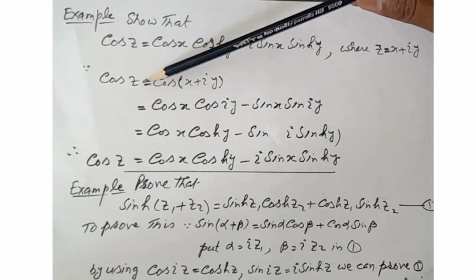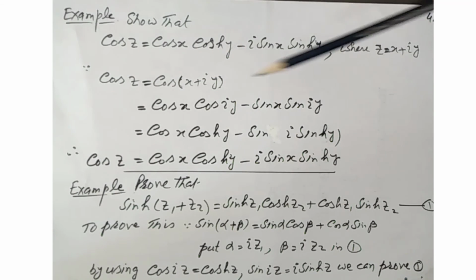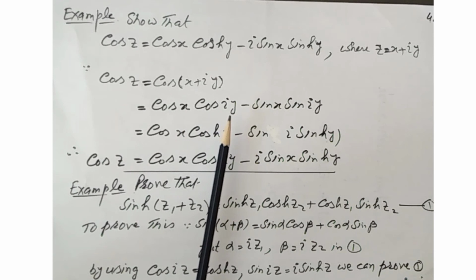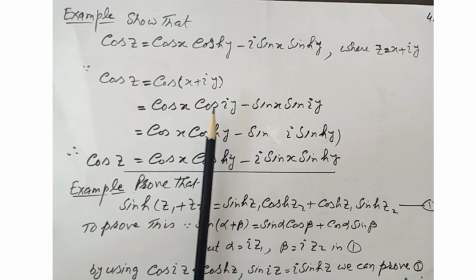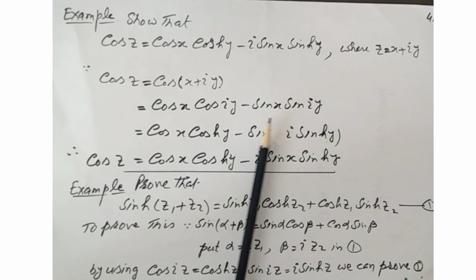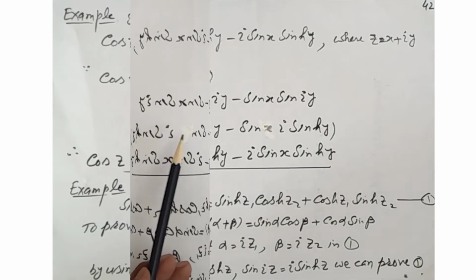By putting z equal to x plus iota y and using the trigonometric formula, this is cos x cos iota y minus sin x sin iota y. Cos iota y becomes cos hyperbolic y and sin iota y becomes iota sin hyperbolic y. So cos z equal to cos x cos hyperbolic y minus iota sin x sin hyperbolic y.